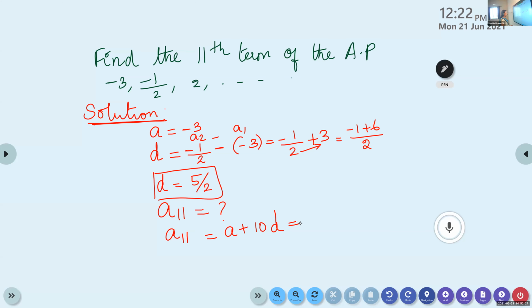What is the value of A? Substitute the values and give the next step.